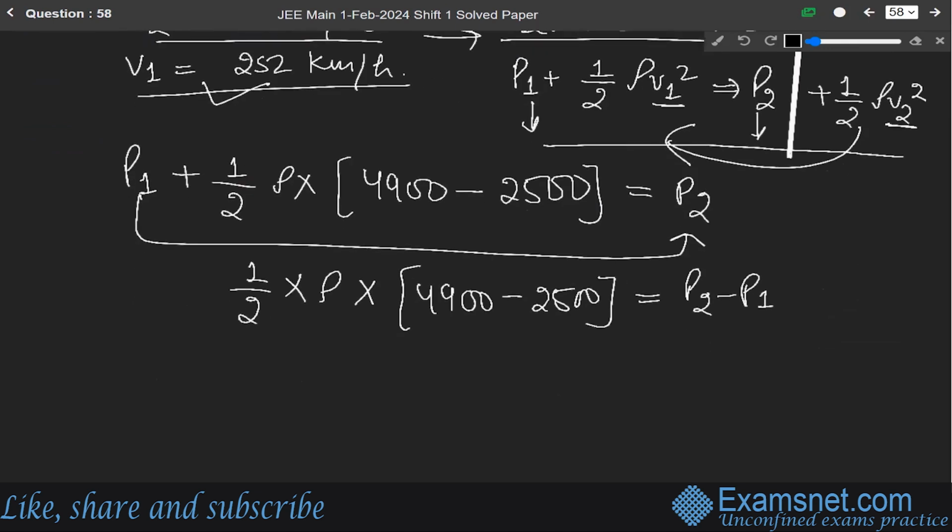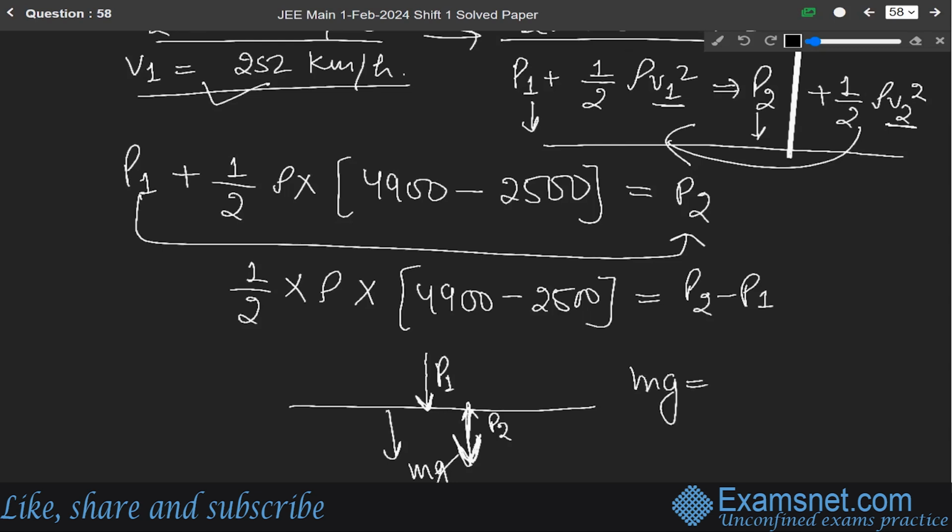Now this P1 is the pressure that is acting from the upward direction over the wing, and P2 is the pressure that is acting from the downward direction on the wing. And mg is acting in the downward direction. So for this, the mg downward force will be equal to area of the wing into this P2 minus P1.